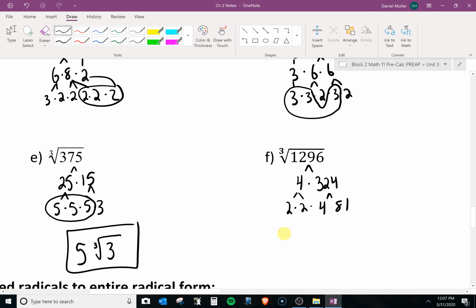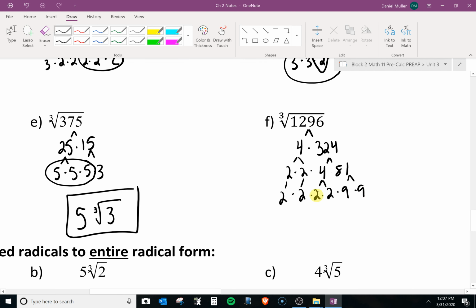So 2 can come down. This 2 can come down. 2 and 2. 81 is 9 and 9. And these 9s can both become 3 and 3. And then all of these 2s, all 4 of them, can come down.